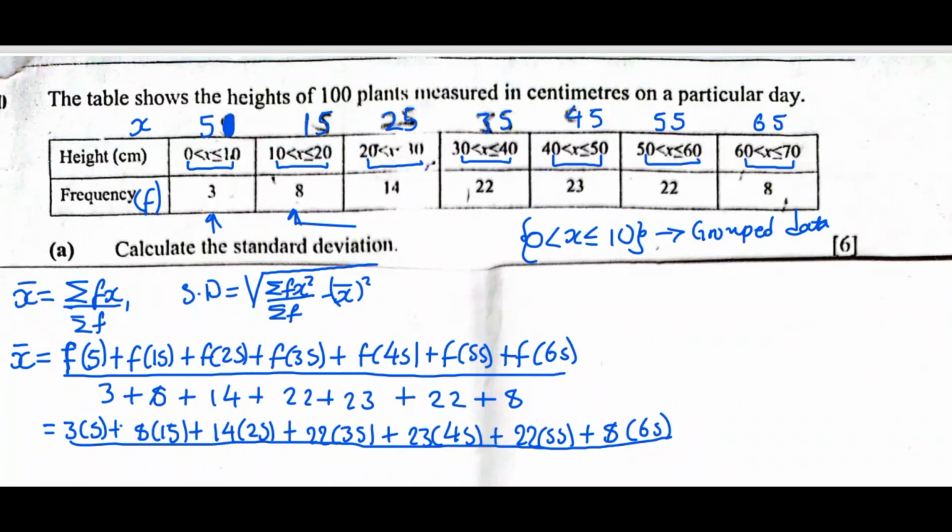For the total frequency we add 3 plus 8 plus 14 plus 22 plus 23 plus 22 plus 8. So my total is just 100 here.